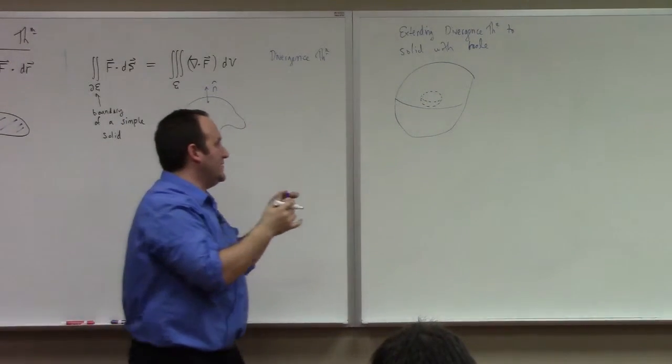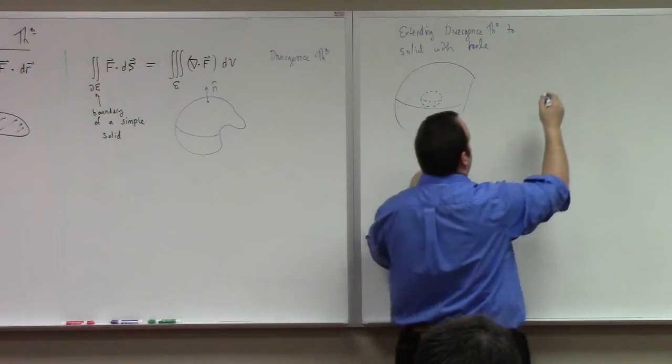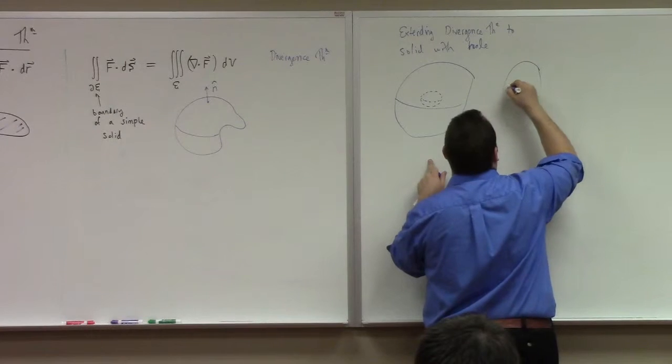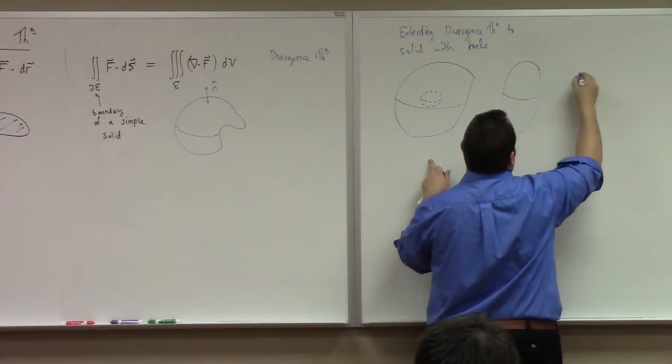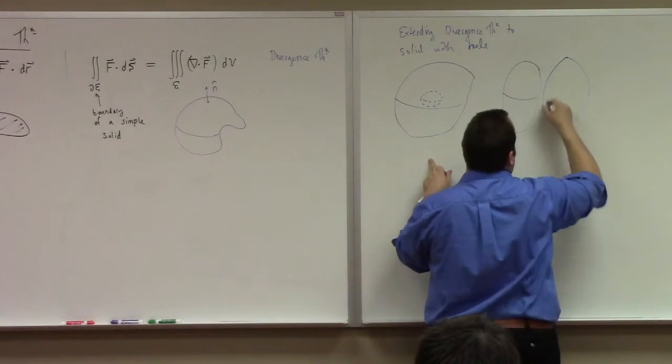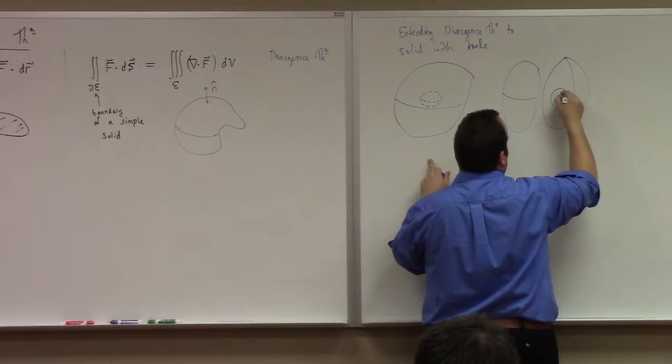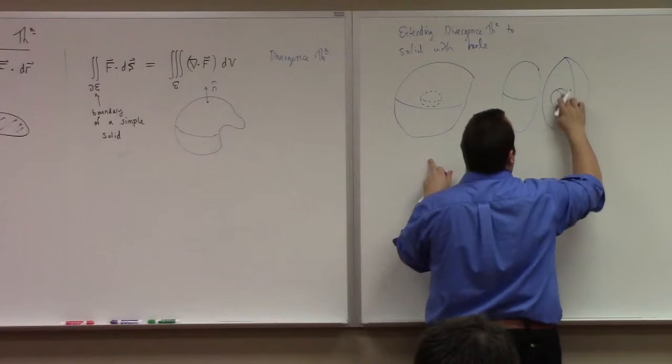Now, I have a hard time understanding this picture, so I usually like to draw something like, I don't know, just kind of imagine cutting it in half, right? And so inside there's... I still can't draw it with anything.